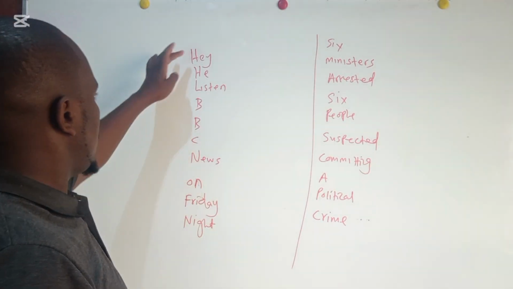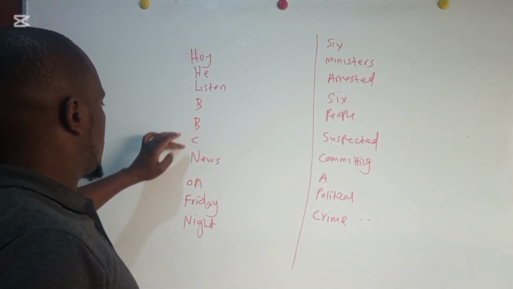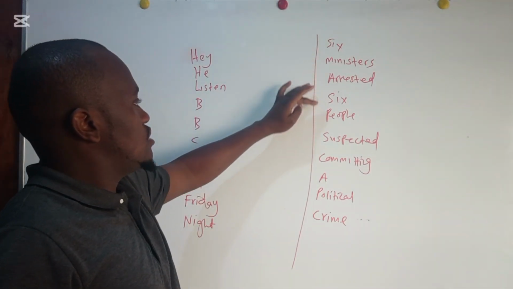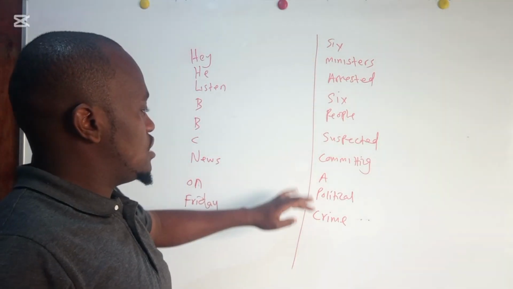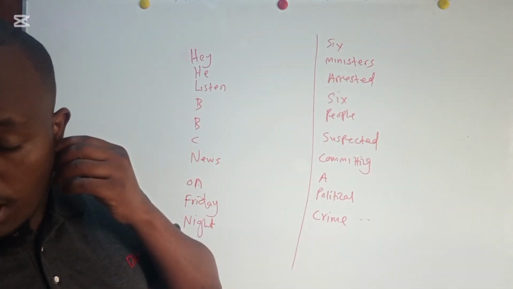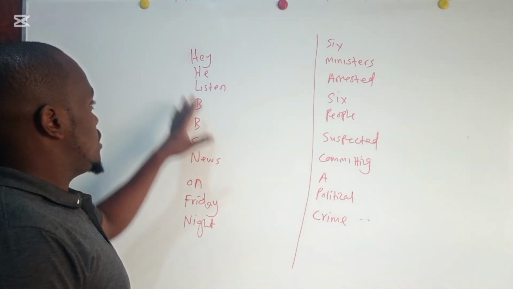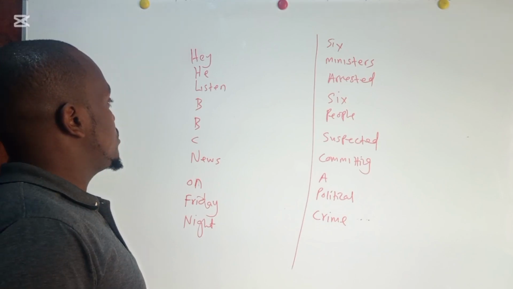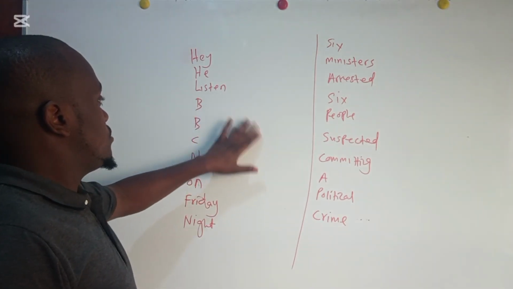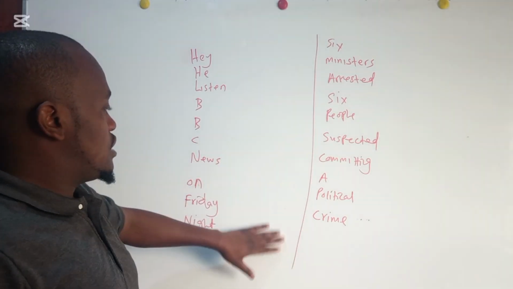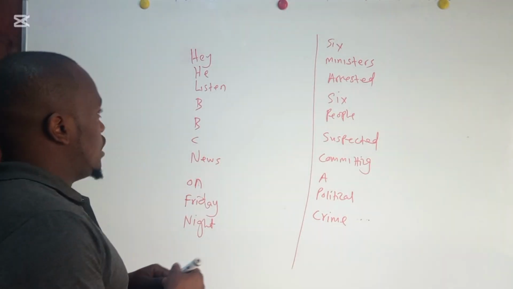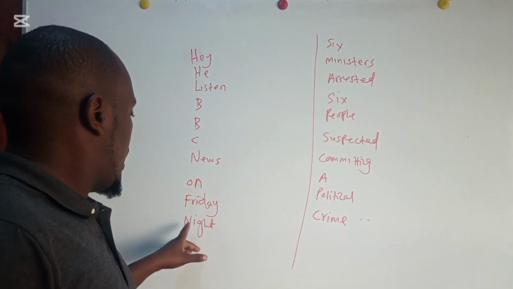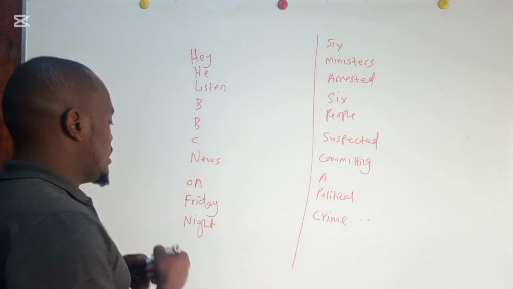So 1, 2, 3, 4, 5, 6, 7, 8, 9, 10, 11, 12, 13, 14, 15, 16, 17, 18, 19, 20. So I'm going to write the full name of these elements, and then you can write the chemical symbol. Or I write the chemical symbol and you write the full name. However, it is important you note the sound.